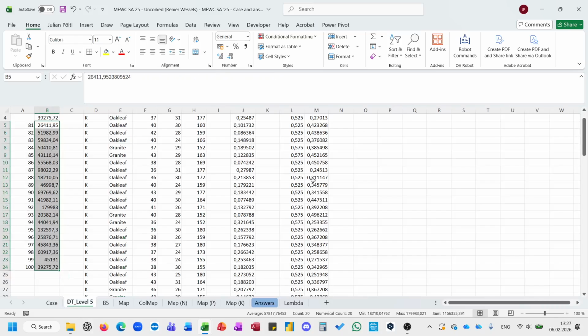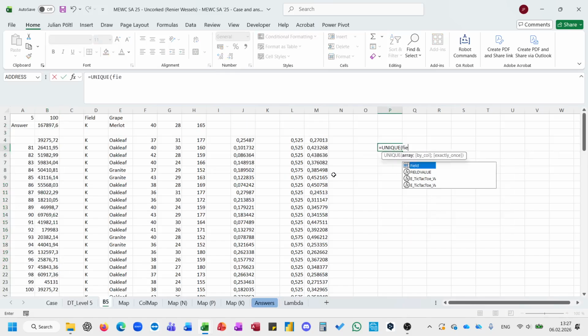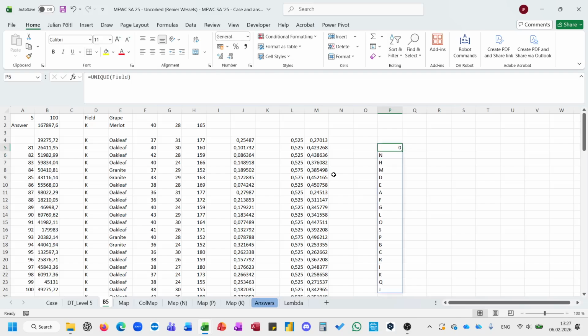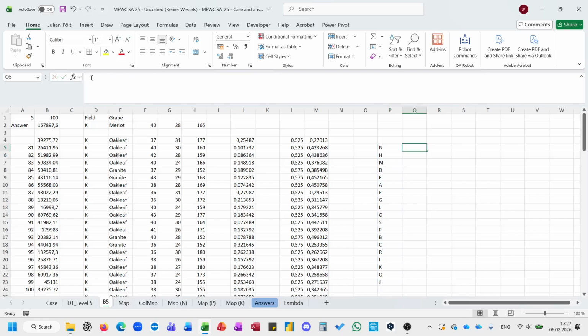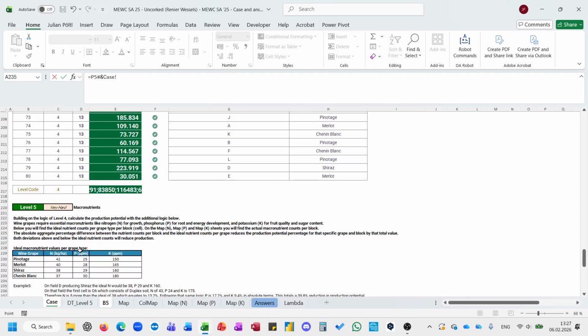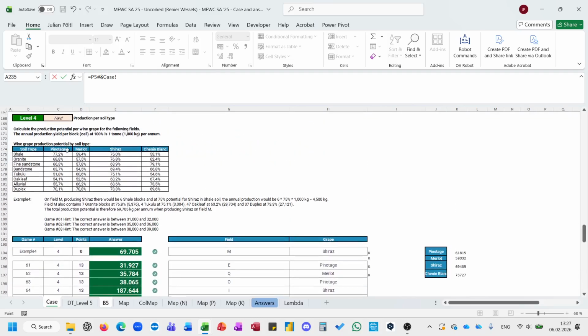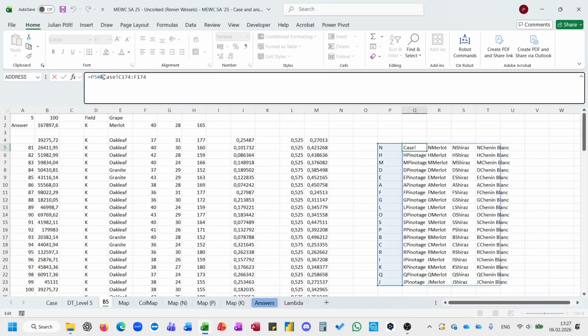How many fields do we have? Equals unique field. Drop the first row equals this, and our grapes and to call.